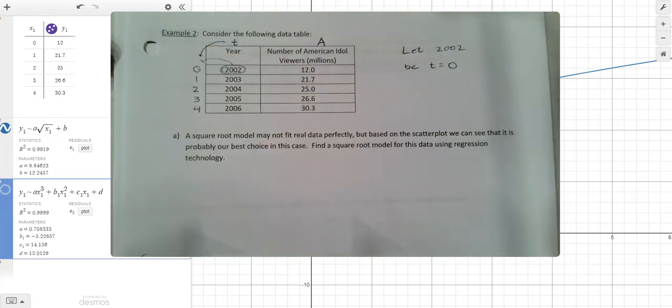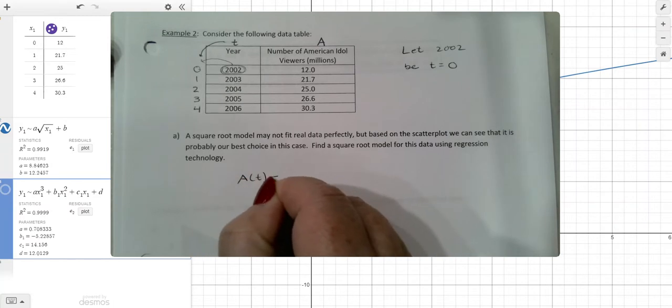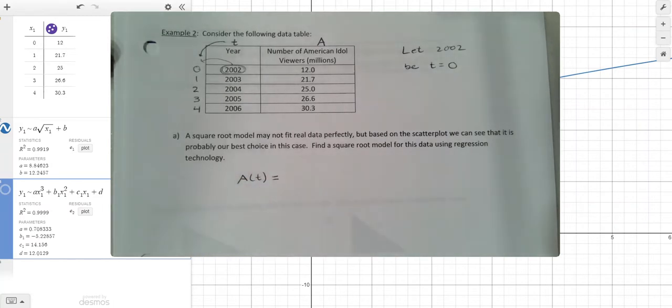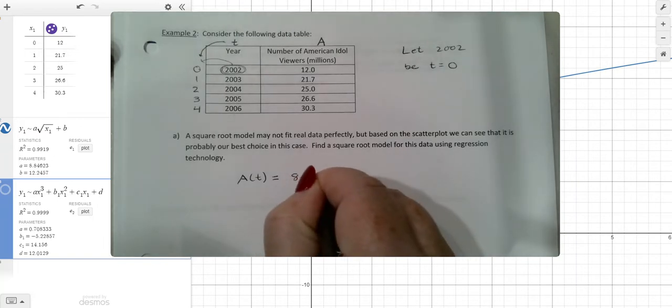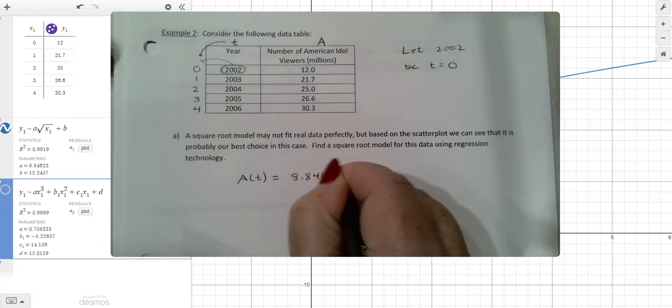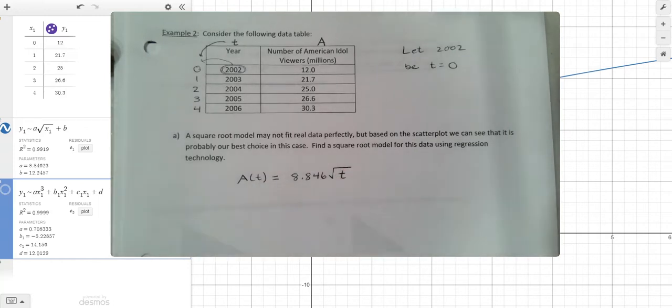And so A of T is going to be, let's see, the little a value according to Desmos is about 8.846 times, we usually say square root x, but in this case square root t for my input variable, plus the b value, again going to Desmos, 12.246.